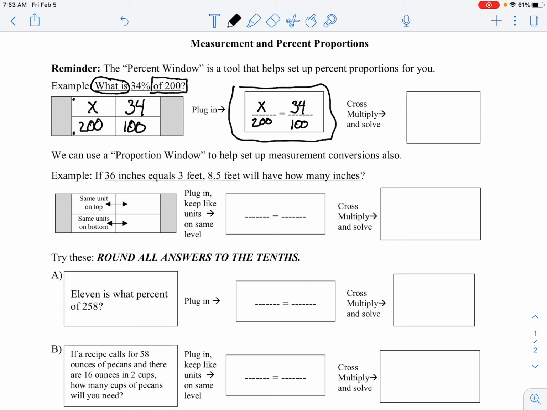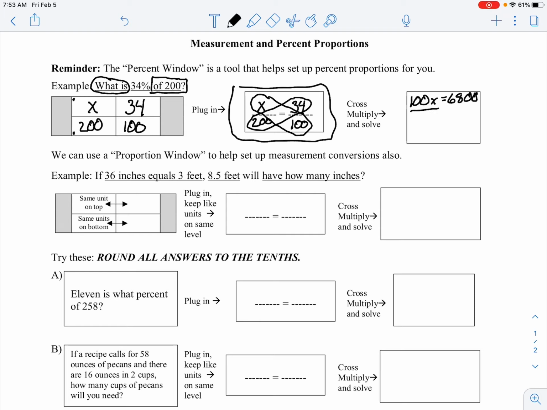And then here's where we do our cross multiply, our butterfly method. Once again, I like to start with my variable side. So we're going to have 100x is equal to 34 times 200, which is going to be 6800, just using a couple shortcuts to multiply that out quickly. 34 times 2 is 68, and then we just add our 2 zeros for the 100 part of that 200.